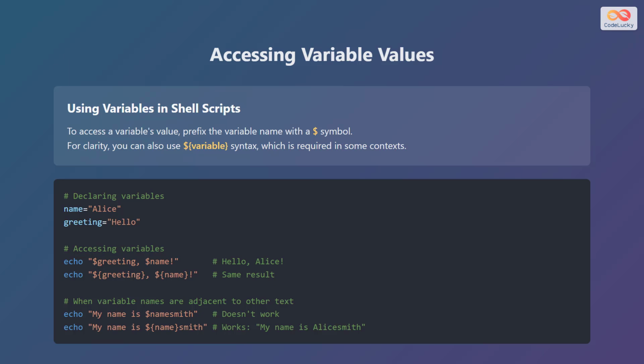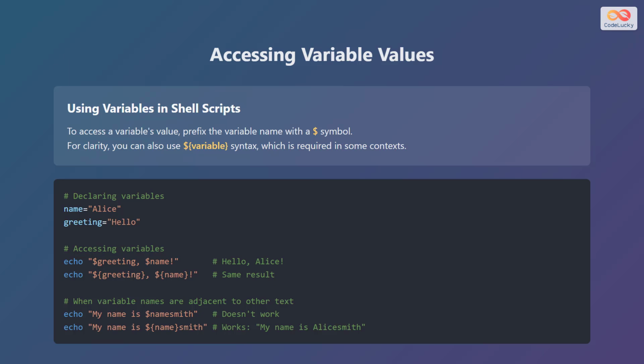We also declare a variable named greeting and assign the string value hello to it. To access these variables, we use the echo command. The statement echo "$greeting, $name!" will print "Hello, Alice!". Similarly, echo "${greeting}, ${name}!" achieves the same result.